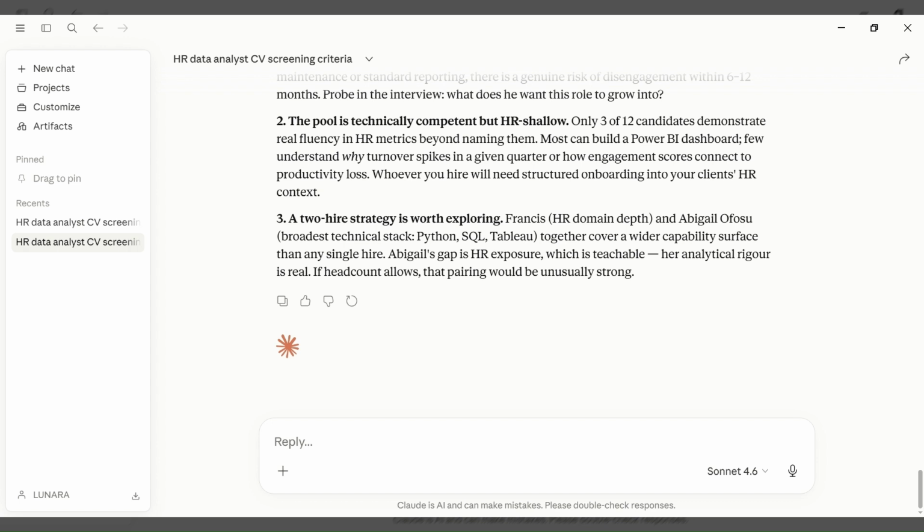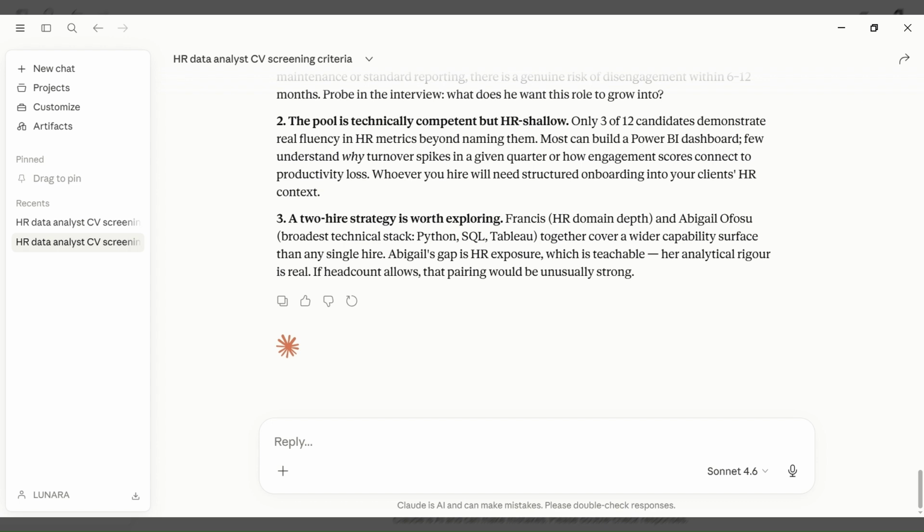For instance, if you are supposed to screen through thousands of CVs and also conduct interviews, it's a whole lot of work. And you should also bear in mind that Claude is not making the decision for you. It is just supporting you, working as a partner, partnering with you to make a better decision.